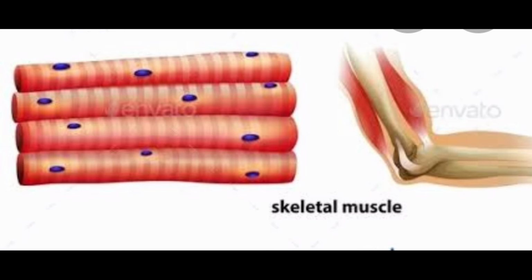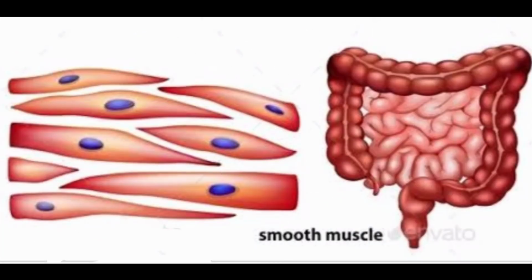These muscles are also called skeletal muscles as they are mostly attached to bones and help in body movement. Under the microscope, these muscles show alternate light and dark bands or striations. That's why they are also called striated muscles. Now the smooth muscles, or involuntary muscles, non-striated muscles.